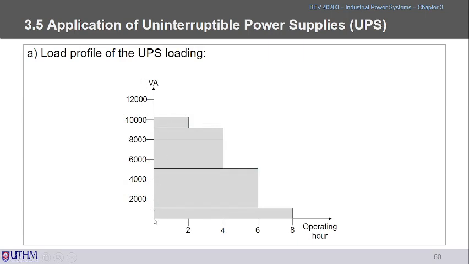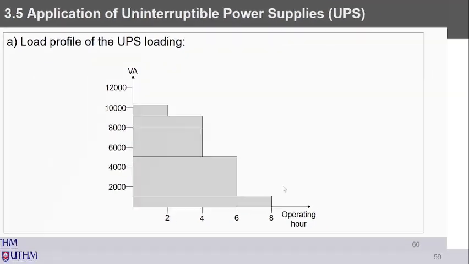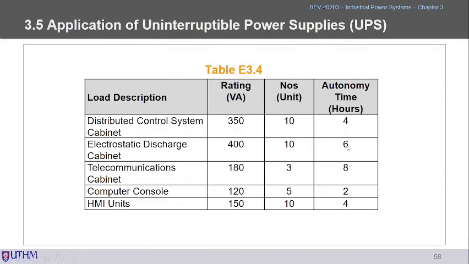It's not according to the scale, so this is just a rough drawing only. So this is 540, so up to here is 540, and the autonomy hour is 8. And we go for the next, the second highest autonomy, which is 6 hours.